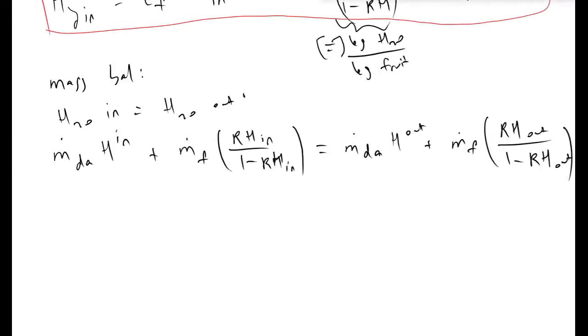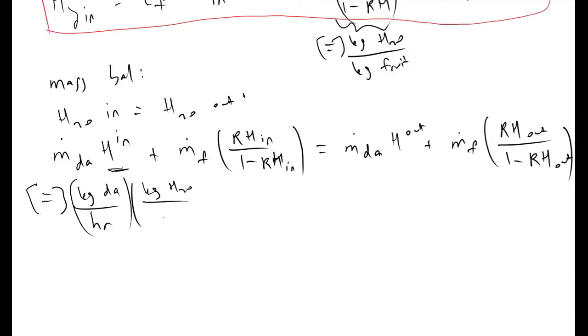And so if we do a dimensional analysis on these quantities, because this H term is absolute humidity, this will have units of kilograms of dry air per hour, let's say, and we're going to be multiplying this by kilograms of water per kilogram of dry air, and so this makes sense.